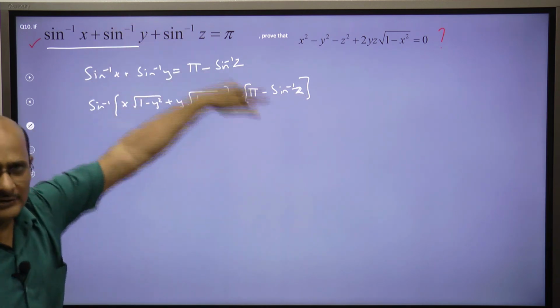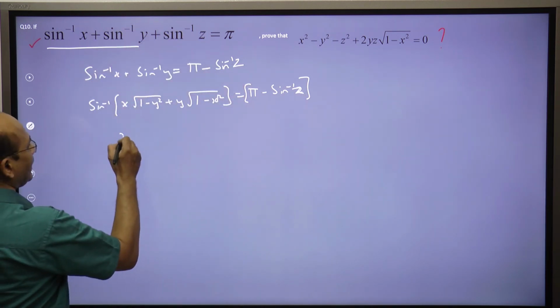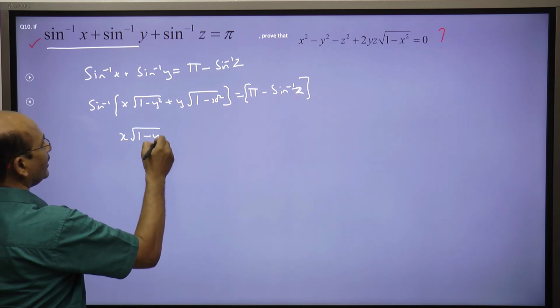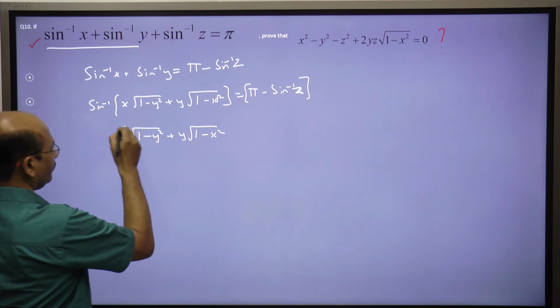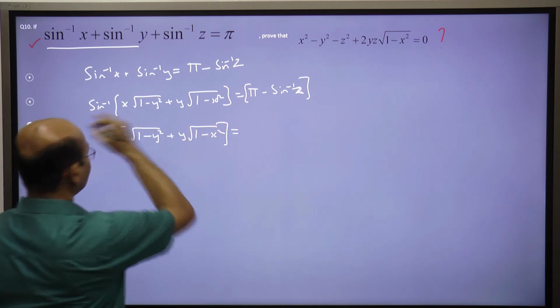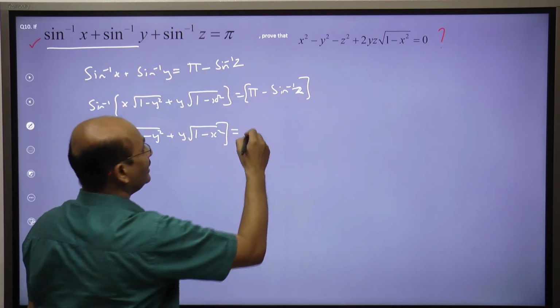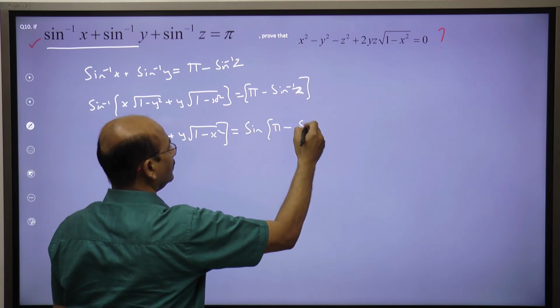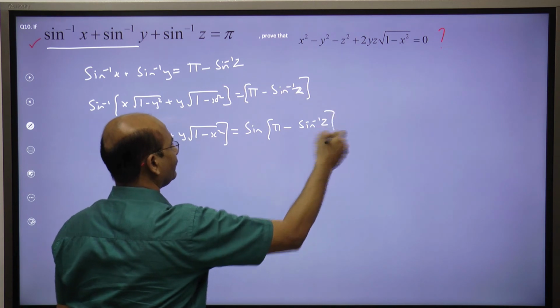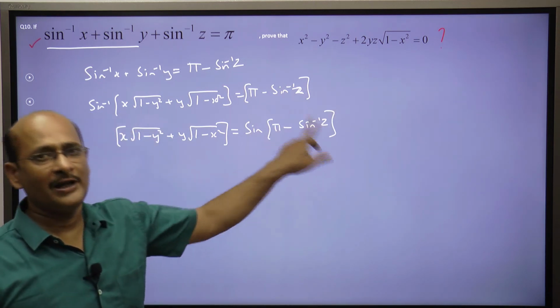Can I take the sine on this side? Yes, I can. So x root of 1 minus y square plus y root 1 minus x square is equal to sine of 180 minus theta. So sine of 180 minus sine inverse z.